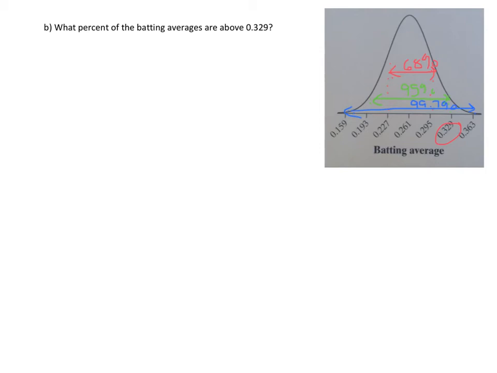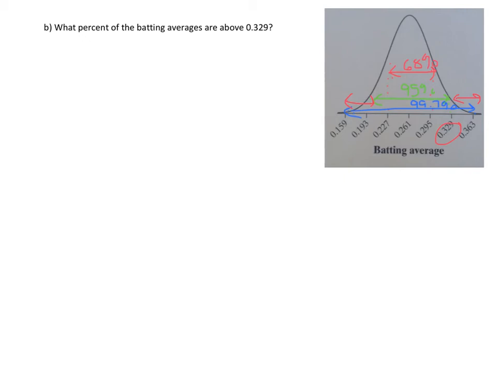So we know that the middle 95% is between 0.193 and 0.329. So that means that if we were to add up these three arrows that I have, they would add up to 100%.